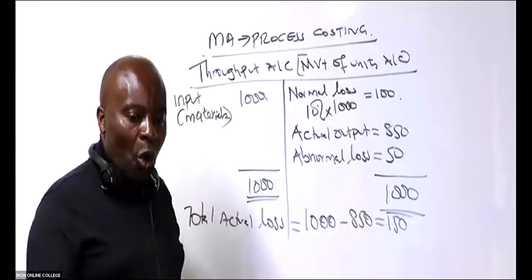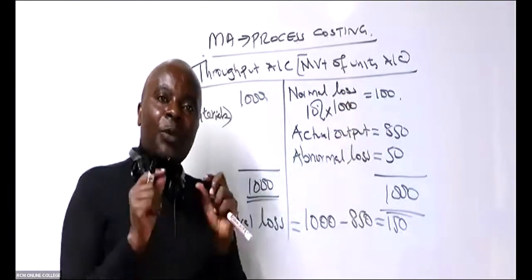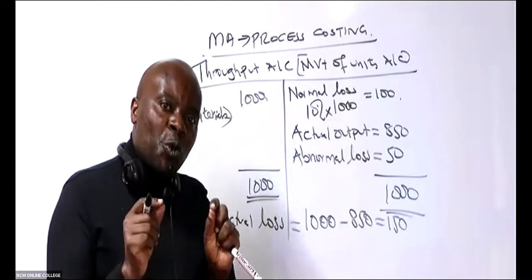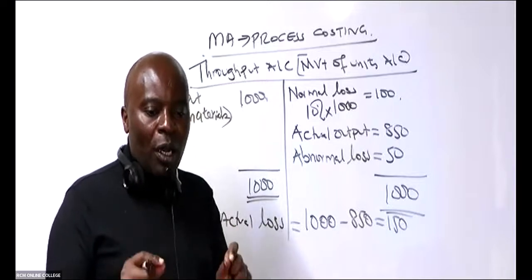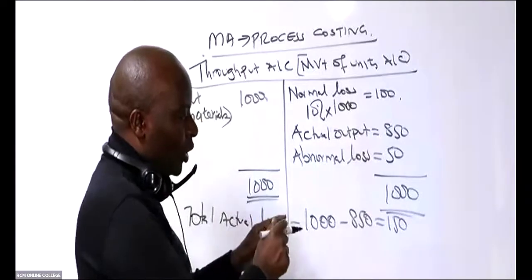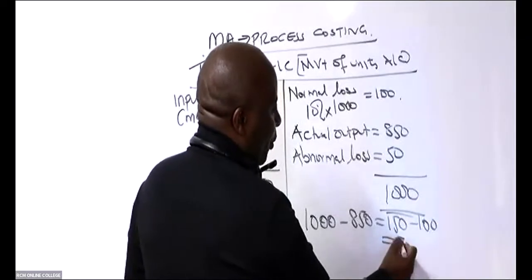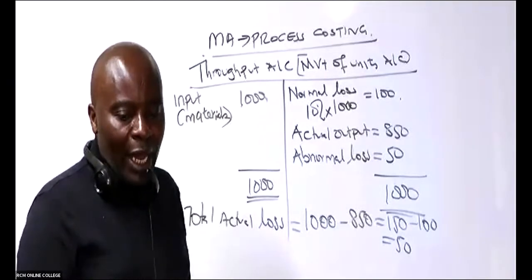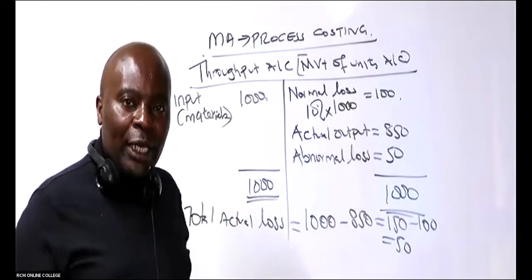And this total loss of 150 is more than the normal loss. Whenever the actual loss is more than the normal loss, you get what we call an abnormal loss. The actual loss is 150 and the normal loss is 100. If you subtract 100, we get an abnormal loss of 50, but we don't have to go that way at all.